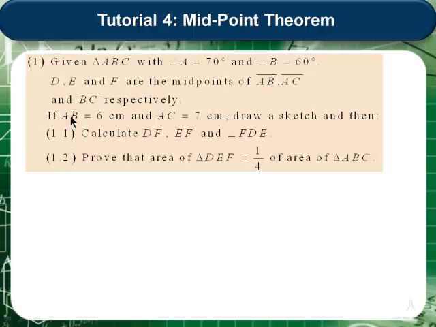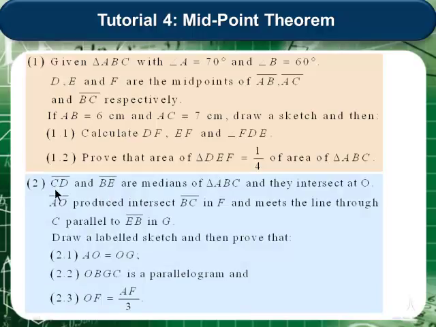Furthermore, it is given that AB is equal to 6 centimeters and AC is equal to 7 centimeters. Firstly, you need to draw a sketch containing the information here, and then calculate DF, EF and angle FDE. And lastly, prove that the area of triangle DEF is equal to a quarter of the area of triangle ABC.